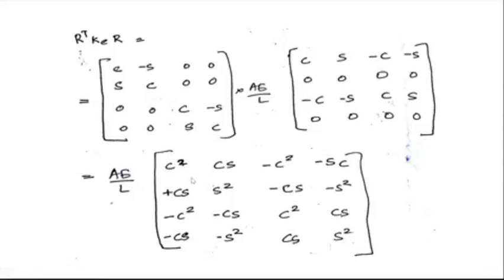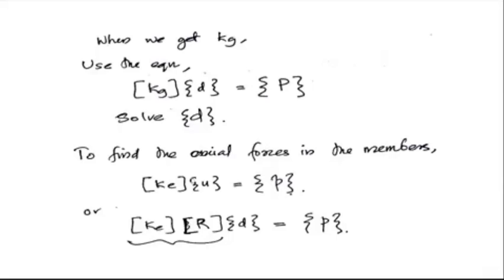After finding KG, you can use the equation KG into D as P and solve for D, that is the structure displacement unknowns. So the unknowns of the structure, the degrees of freedom of the structure, will be found out. It may be D2, D4 or D3, D4, like that.